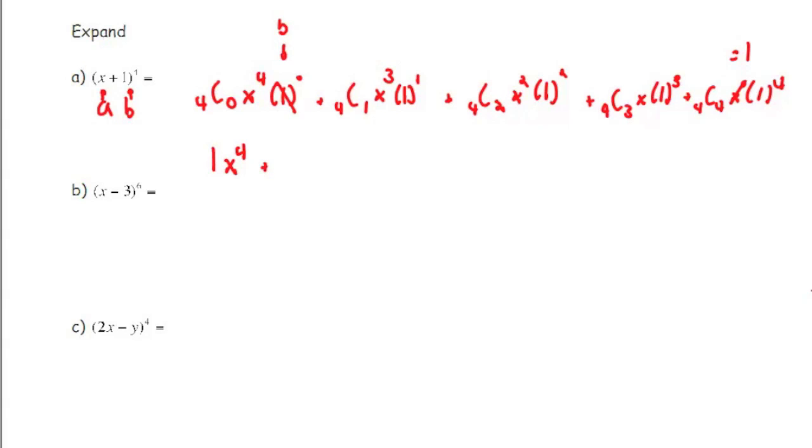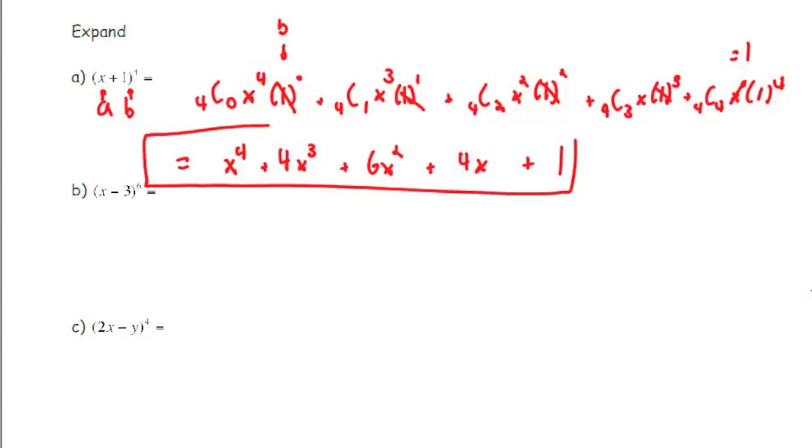So we end up with, well, what do our coefficients say? 4 choose 0 is just 1, x to the 4, obviously 1 to the 0 is 1, plus 4 choose 1 is 4, x cubed, that's still just a 1, plus 6, x squared, still just a 1, plus 4x, just a 1, plus 1 because x to the 0 is 1.